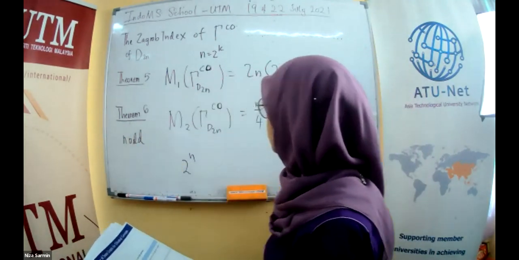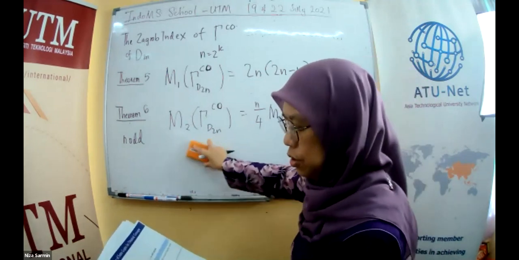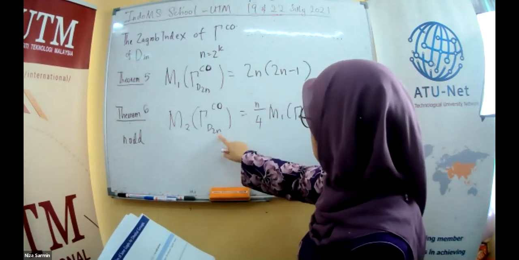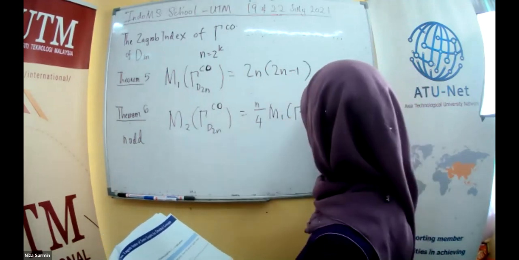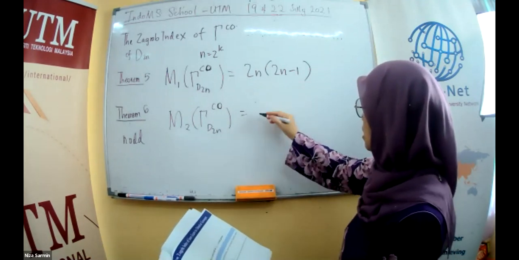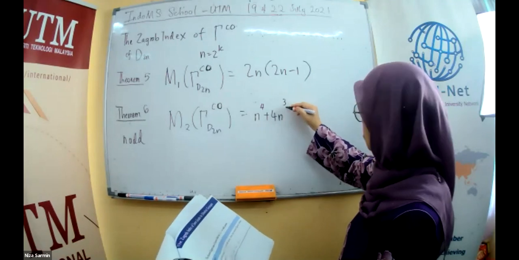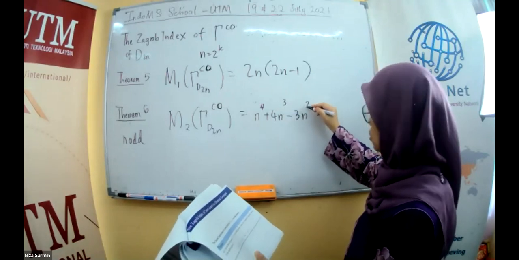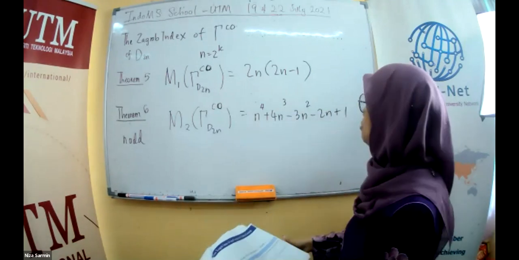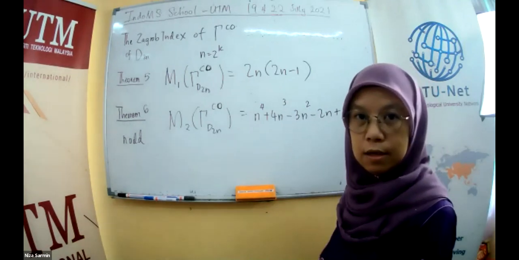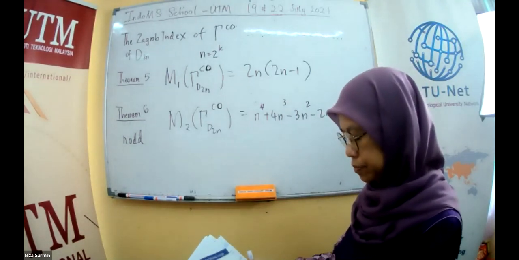And odd. So M2, D2n, co-prime: this is n to the 4 plus 4n cubed minus 3n squared minus 2n plus 1, a polynomial of degree 4.